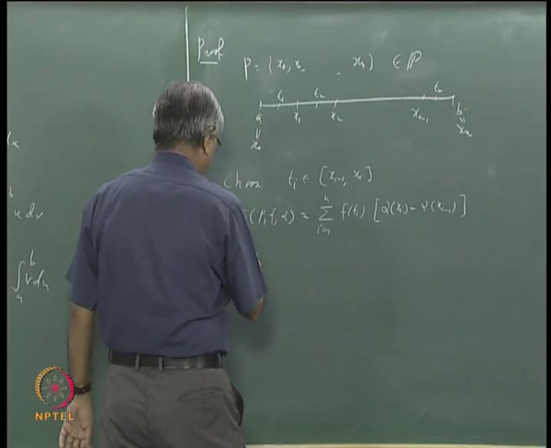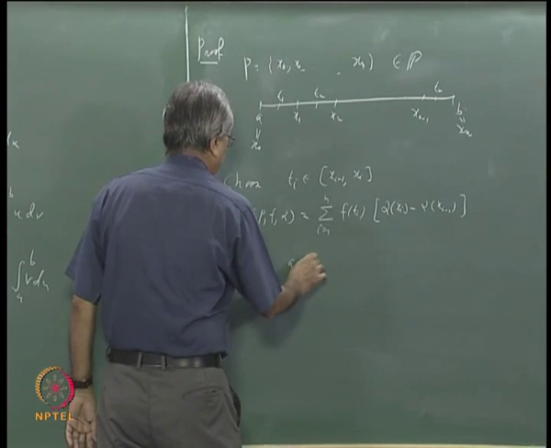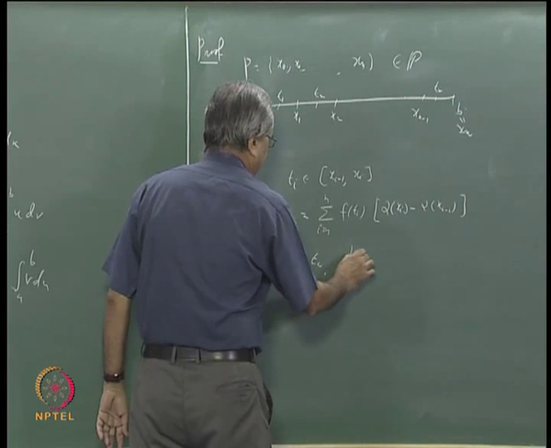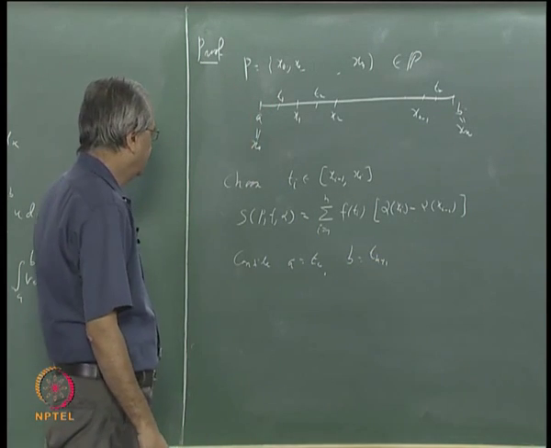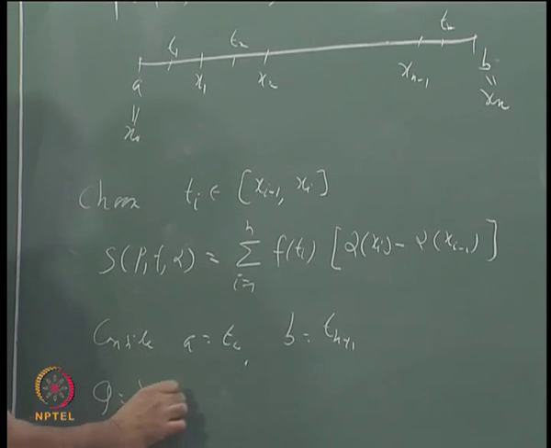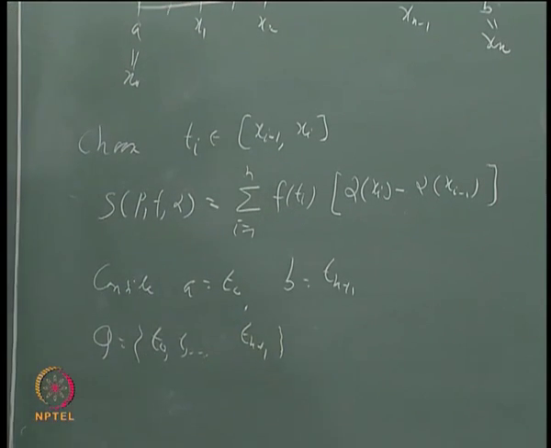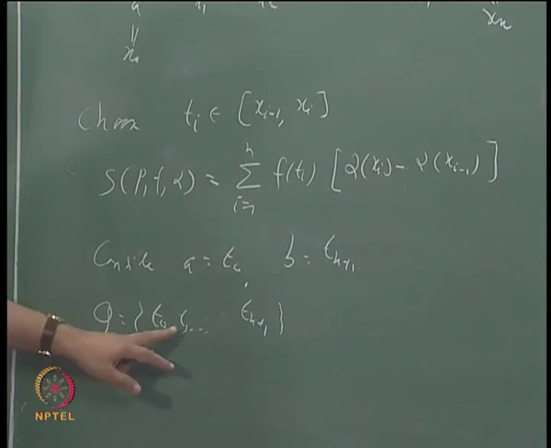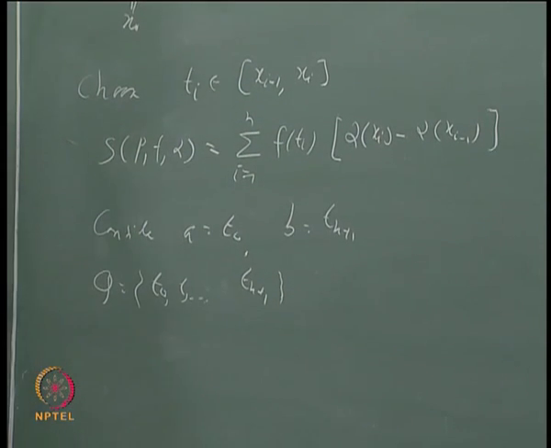So consider a equal to T0 and b equal to T(n+1), and consider this partition Q as T0, T1, etc., T(n+1). Remember here also you have T0 less than T1, T1 less than T2, etc., and finally T(n+1) is equal to b.